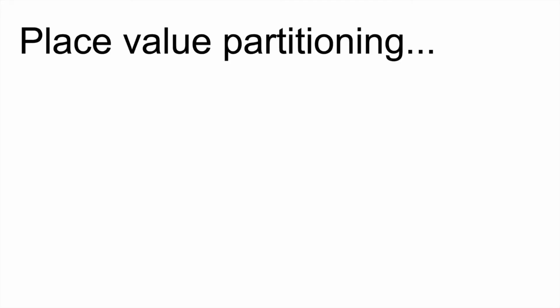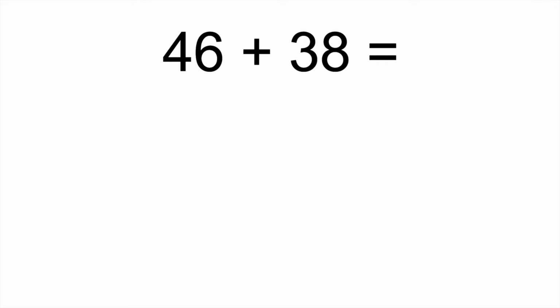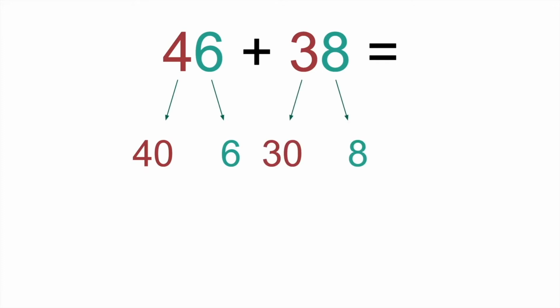With regards to mental addition, the most common way that we support children to deal with addition is that we often say, well, let's break two-digit numbers into their tens and ones, and then let's deal with the tens together and the ones together. Now, this way of dealing with things is obviously built on the field axioms.